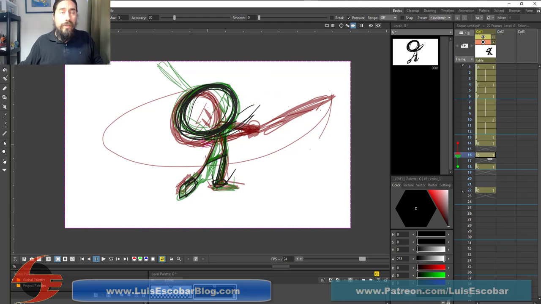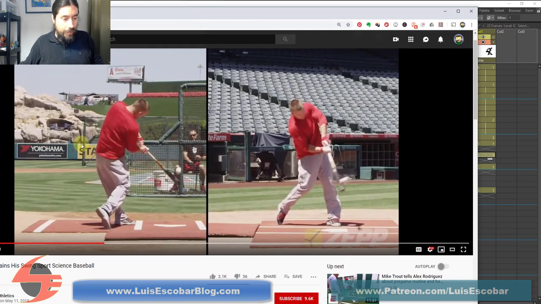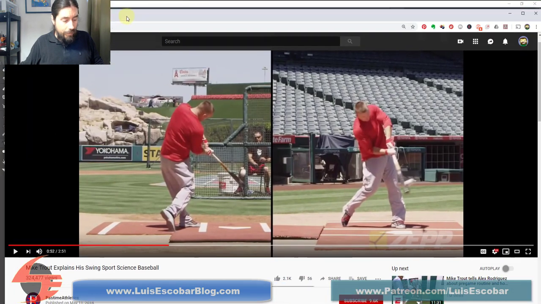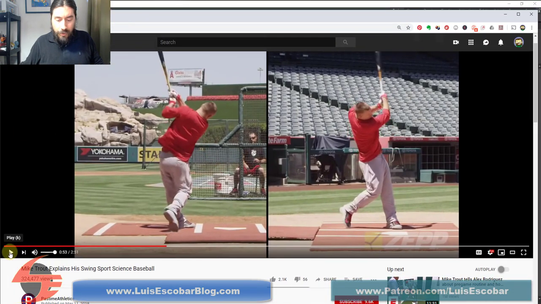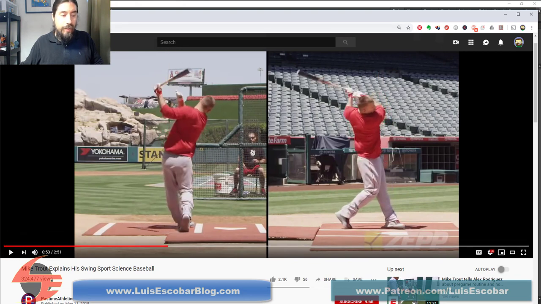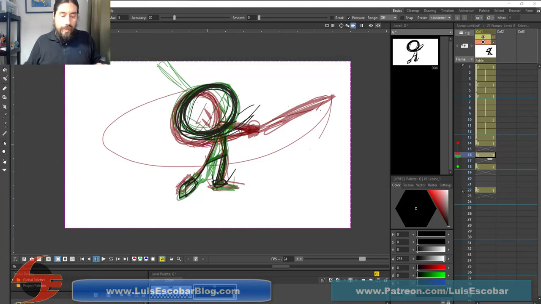Let me see what happens in the body. Just swings to its spot. The bat at that point just kind of relaxes.